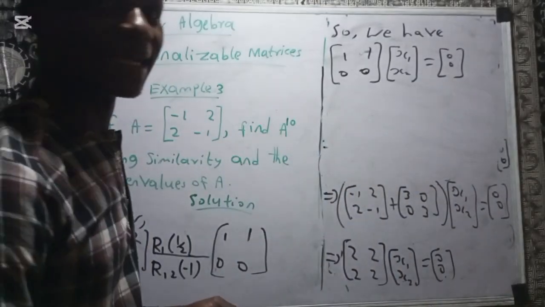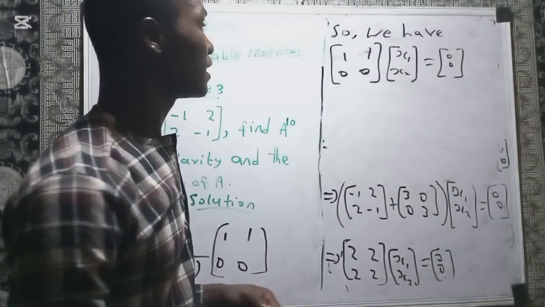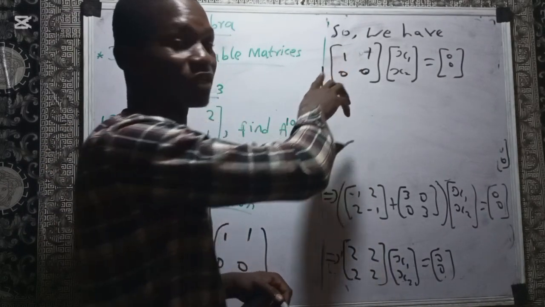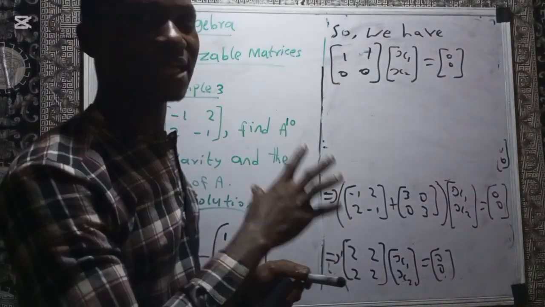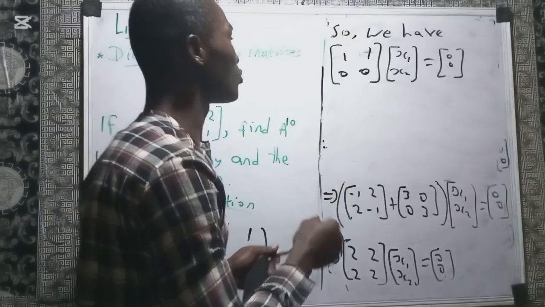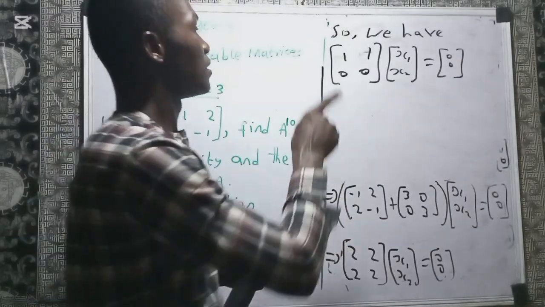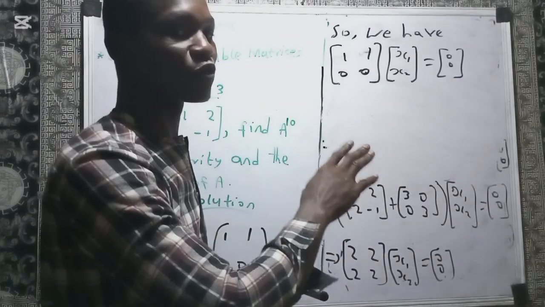As we did earlier, we check whether each column has a leading entry. The first column has a leading entry in the first row, the first non-zero in the first row after the reduction, which is 1. I told you x1 is for column 1, while x2 is for column 2. So x1 will not be a free variable. Row 2 has 0 throughout, so no leading entry.